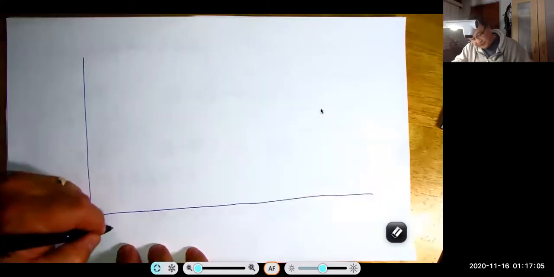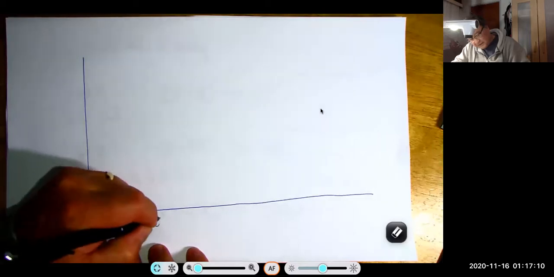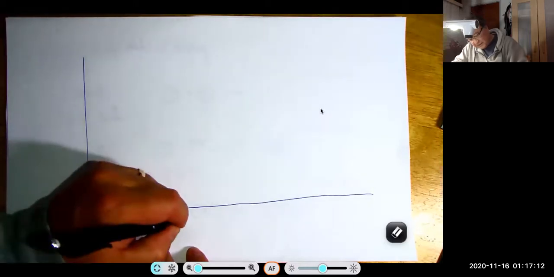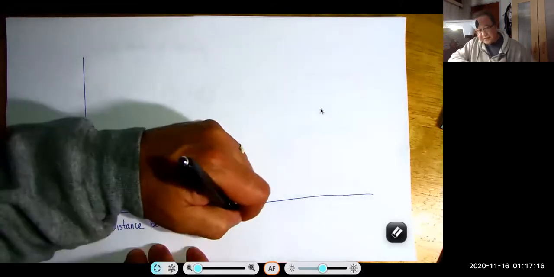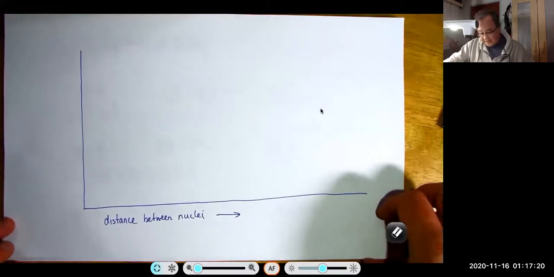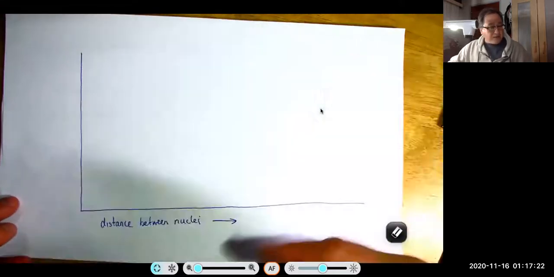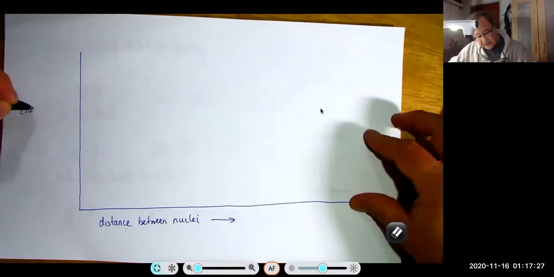This is going to be the distance between the nuclei. And when I put this arrow like this, it's pointing to where you have the greater distance, and the opposite direction would be the smaller distance. And this is going to be the energy, and it's really potential energy that we're looking at.